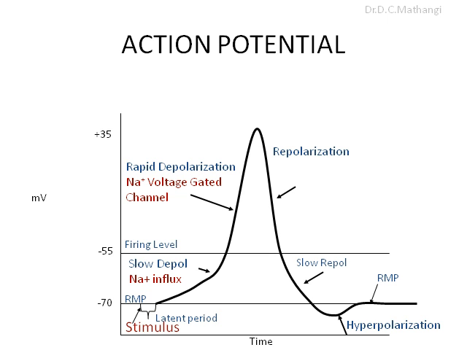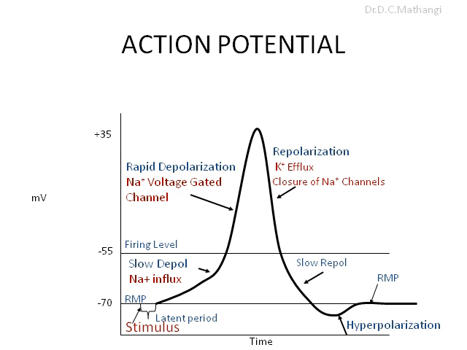Once it reaches the firing level, it opens another channel which is called the voltage gated sodium channel. These channels make the rapid entry of sodium into the cell. That's the reason why the potential, which was slow, now rapidly rises from minus 55 to plus 35.